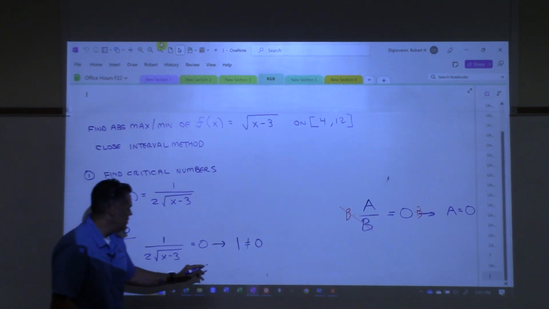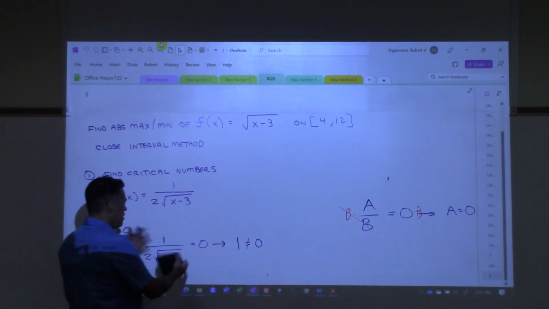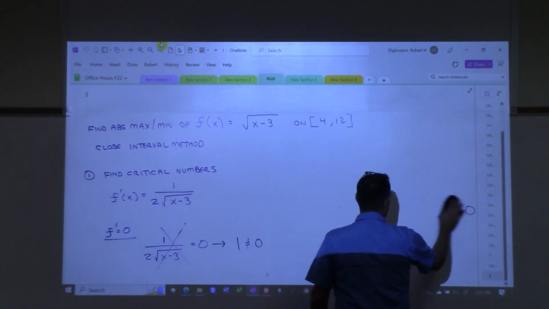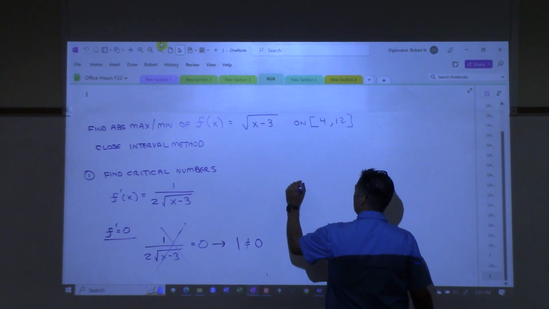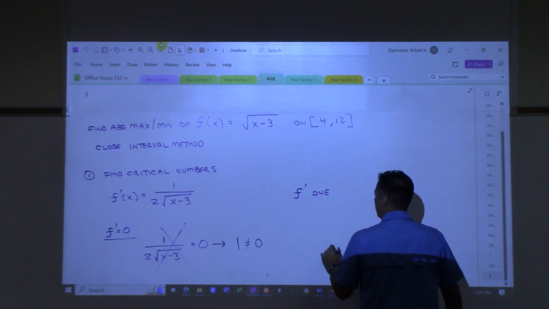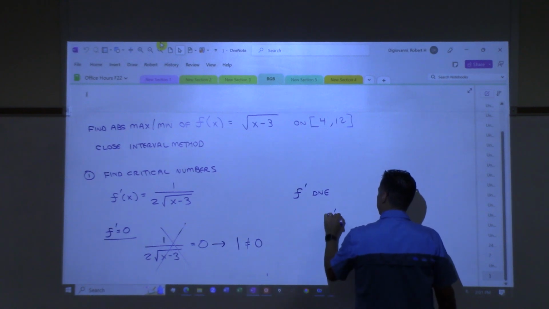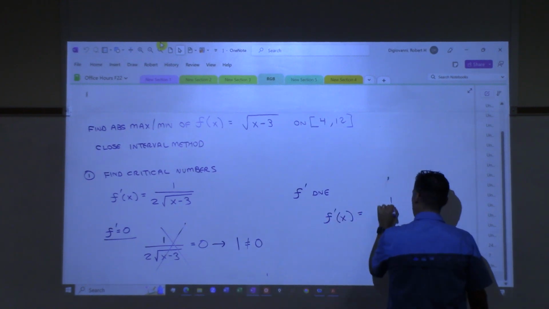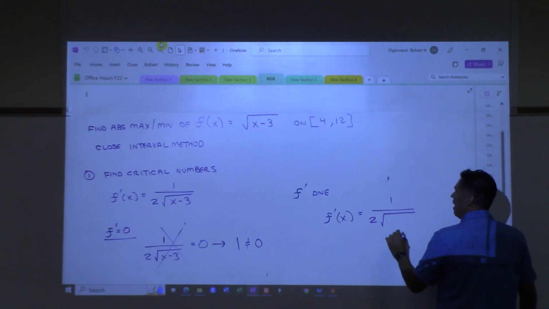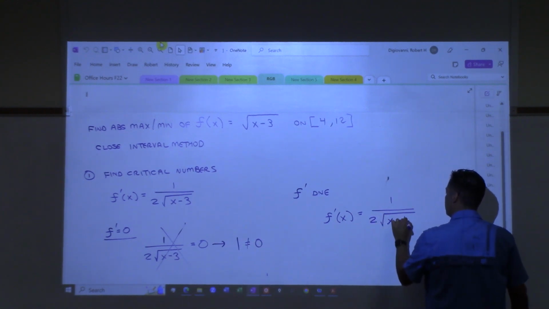So I'm going to say here, well, nothing. I just don't have anything from this. This basically doesn't happen. But I have a second thing I have to look at: where does the derivative not exist? So now let me just look at that derivative again, and let me ask myself if this ever does not exist.